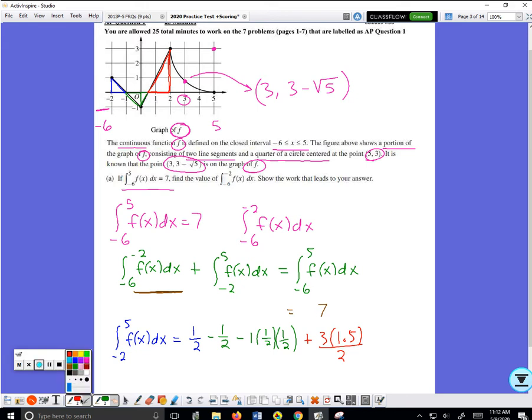Then I've got to get this last piece over here, where f is all positive. Note that there's a square here that is 3 by 3. So plus 3 times 3, the area of the square.